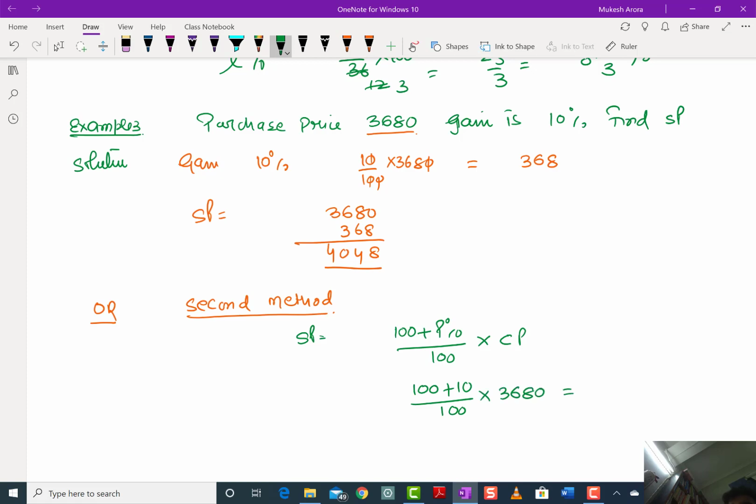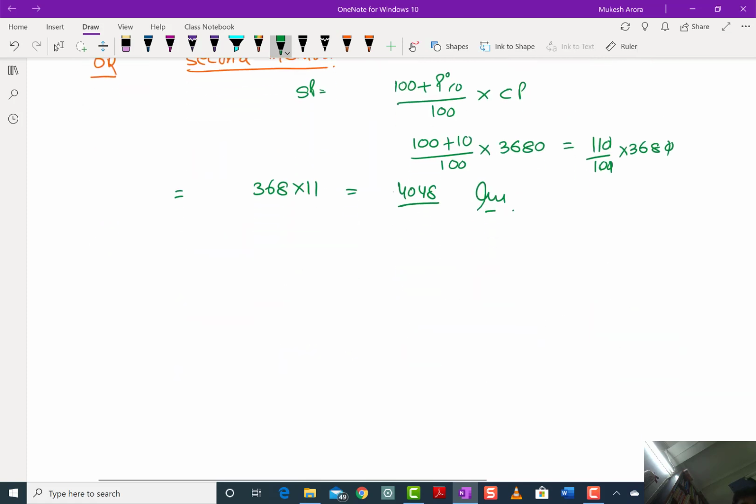So this is 110 by 100 into 3680. This is cancelled, this is cancelled. So this is 368 into 11, which will come to 4048. So it is entirely up to you by which method you want to do the sum.